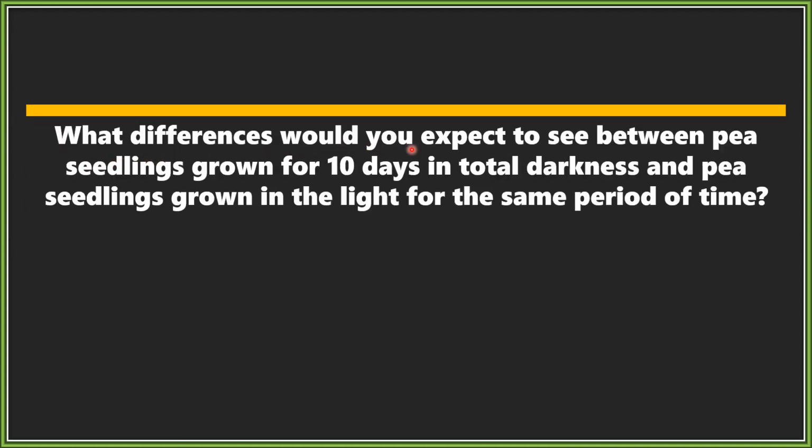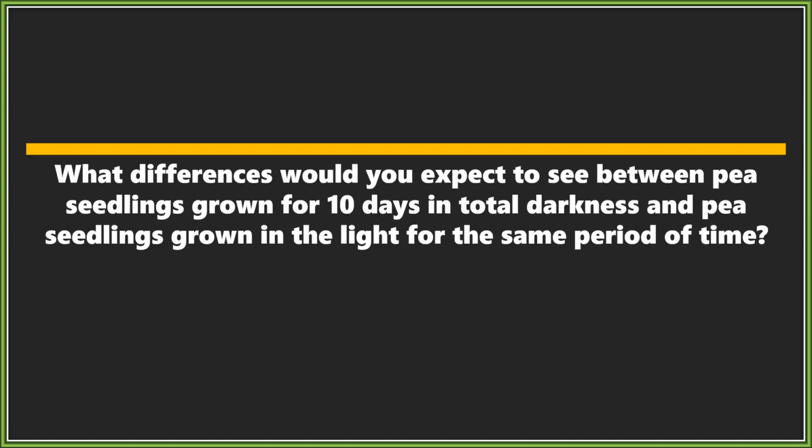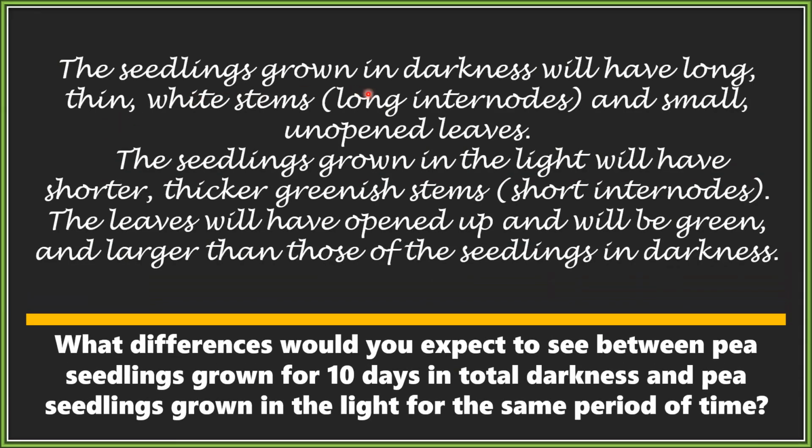What difference would you expect to see between pea seedlings grown for 10 days in total darkness and pea seedlings grown in the light for the same period of time? The seedlings grown in darkness will have long, thin, white stems, long internodes, and small unopened leaves.